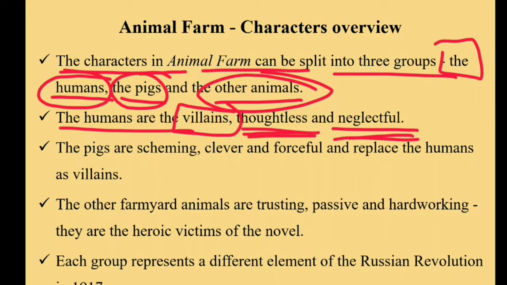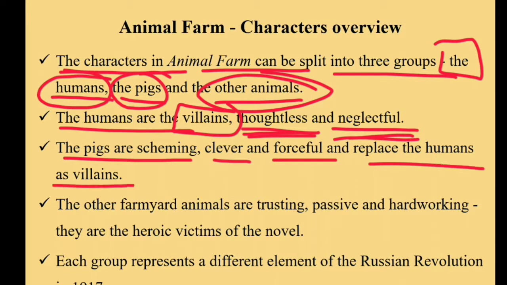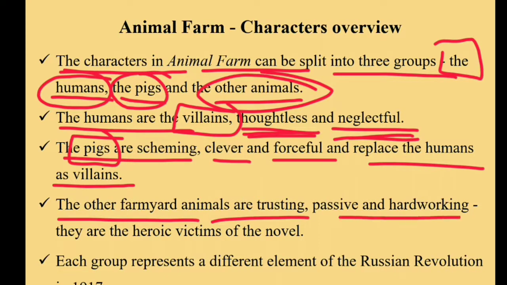Okay, the pigs are scheming, clever and forceful and replace the humans as villains. Here, pigs are also very clever. Pigs like Napoleon, we will come to that. The other farmyard animals are trusting, passive and hardworking. They are the heroic victims of the novel. Here, there are other people who are silent workers.